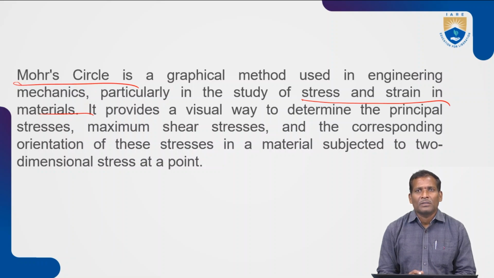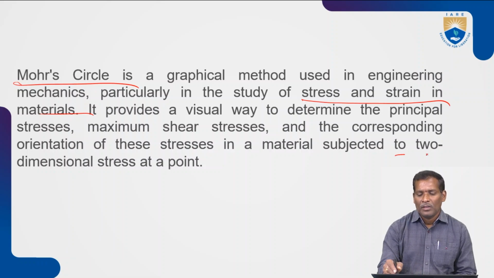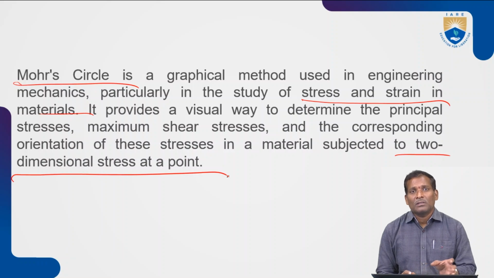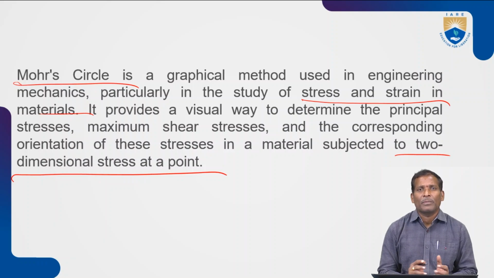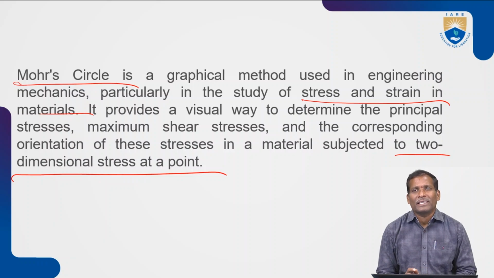It provides a visual way to determine the principal stresses, maximum shear stress, and the corresponding orientation of these stresses in a material subject to two-dimensional stress at a point. We have discussed these two-dimensional stresses. Whenever the element is subjected to stresses in the x or y direction, that is called two-dimensional stress.